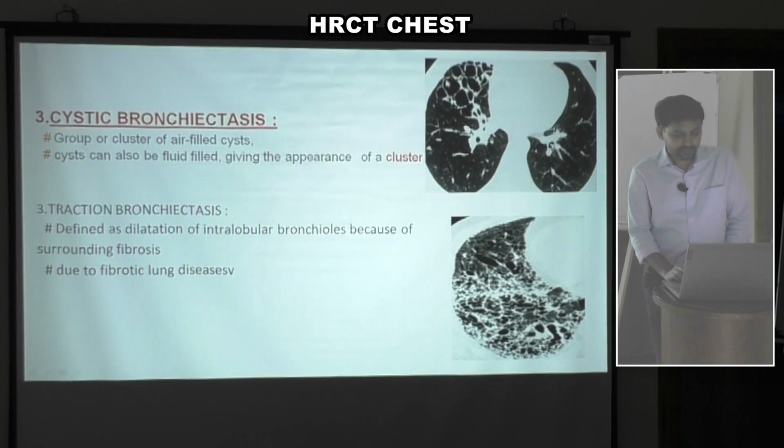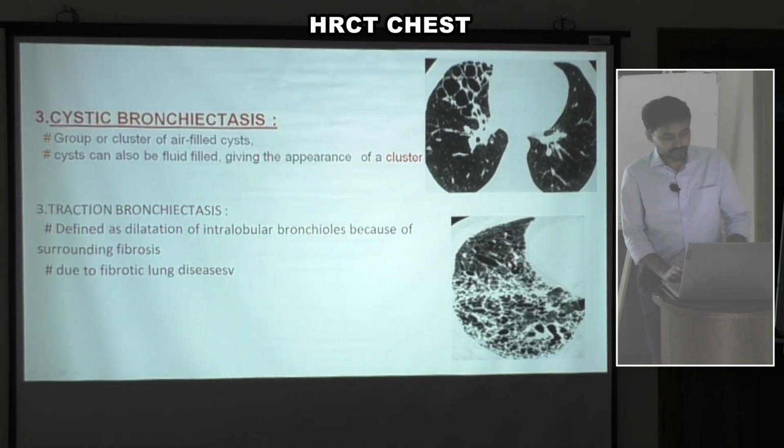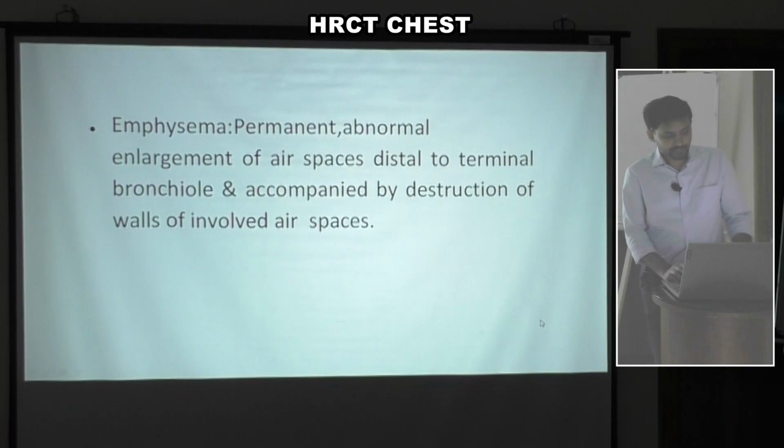This is a normal plain cyst; if there is any air-fluid level, it means this is a secondarily infected disease process. Traction bronchiectasis is usually associated with surrounding fibrosis, overall lung volume will be decreased, and it is usually an end-stage disease process.